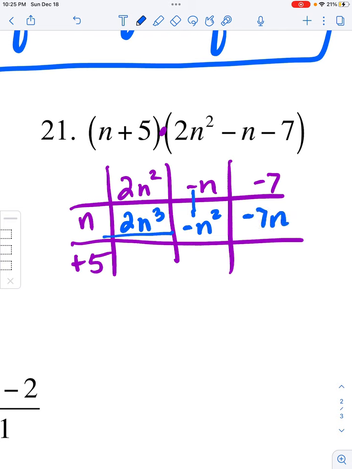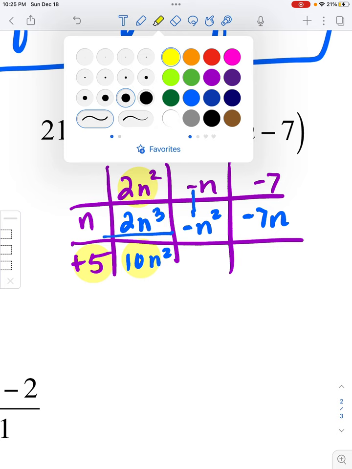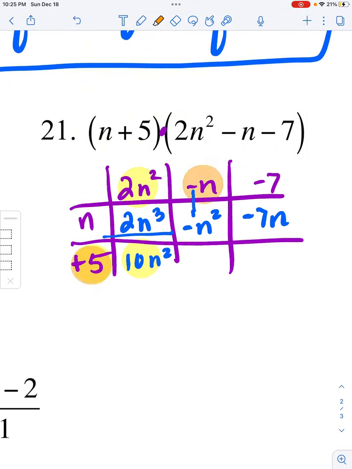In this bottom left corner, I'm going to be taking these two to get this box, and that's going to generate 10n squared. Here I'm going to be looking at the negative n times the 5, and that's going to generate a negative 5n. And in the bottom right corner, I'm going to do the negative 7 times 5, so negative 35.